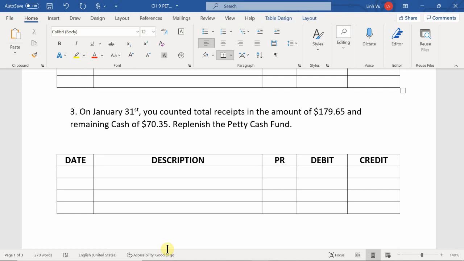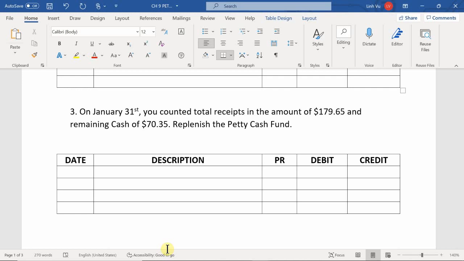Okay, so right now, if I have a lockbox that has $179 worth of receipts and only $70 left in cash, can I use that for the next month? No. Not really. $70 is pretty short, so you definitely need to put more money back in there.